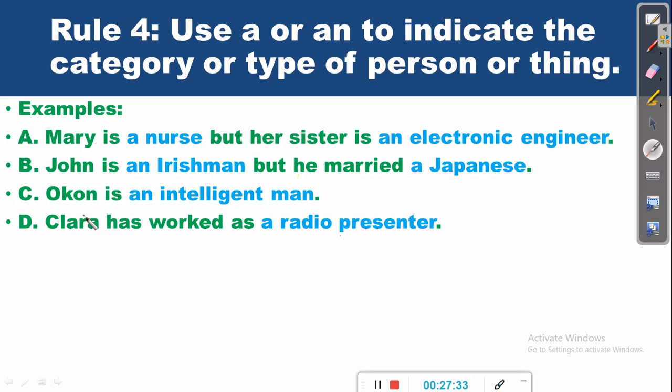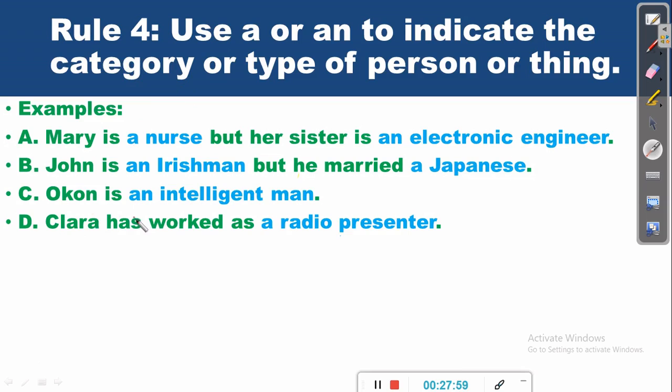Then C, Okon is an intelligent man. This is telling us about a type of person. So in this case, when we are talking of an Irishman, a nurse, a Japanese, an electronic engineer, we are talking about a category of person.